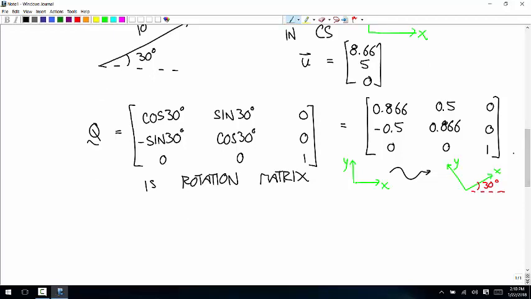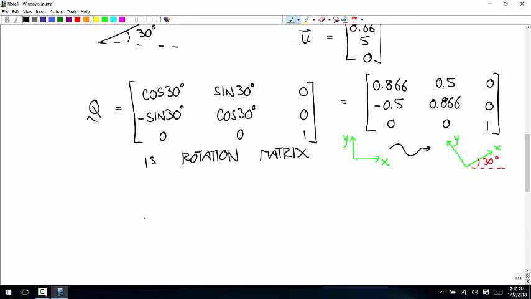Okay, so if we have this vector and we want to express its components in this coordinate system, what we had before was in the standard coordinate system. But now we're going to figure out what that is in a coordinate system where x is right in line with that.